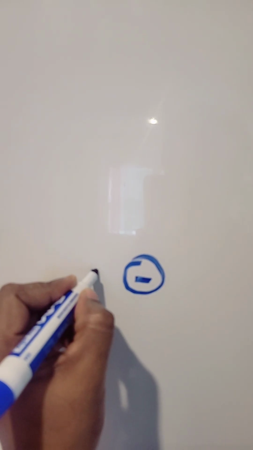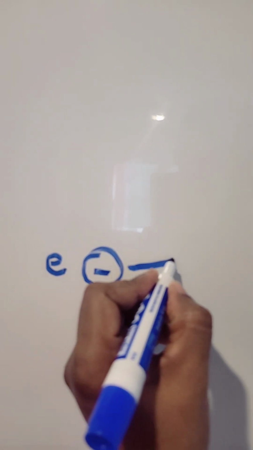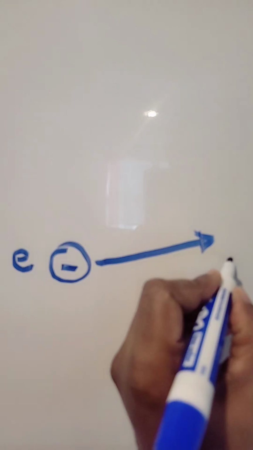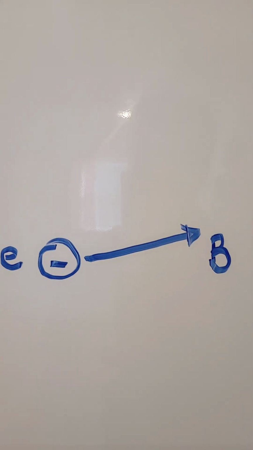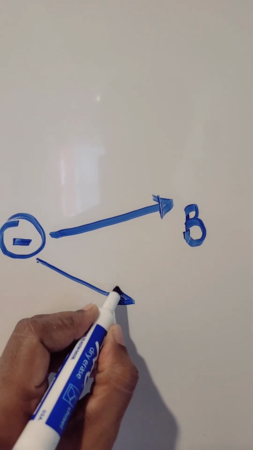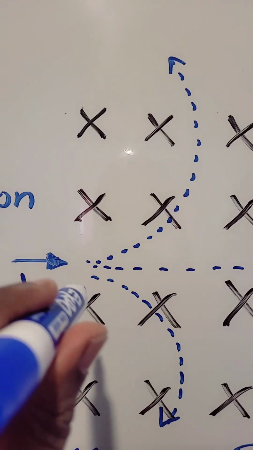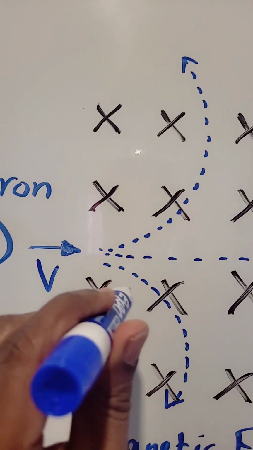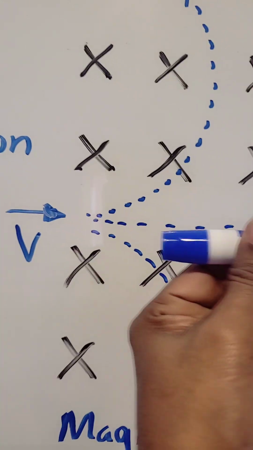Okay, so I'm going to draw the electron here. That's our electron. It has a charge E. And let's say that the magnetic field is in this direction. Magnetic field is usually represented by B. And then the velocity vector, it's like this, V. Can you see the magnetic field vector is into the page, but the velocity vector is left to right.